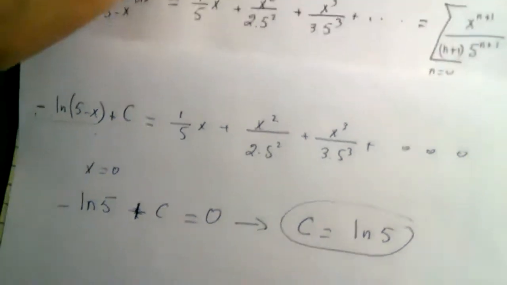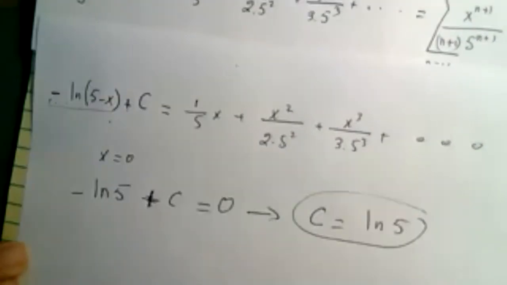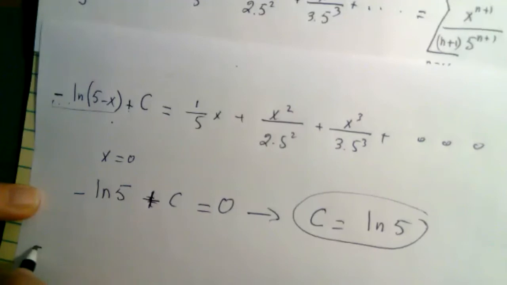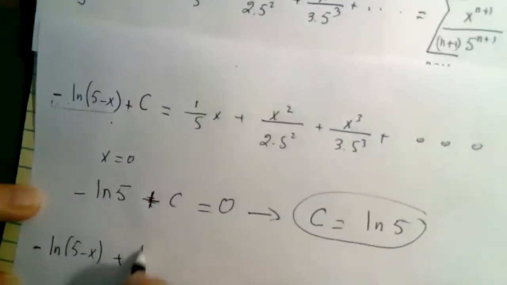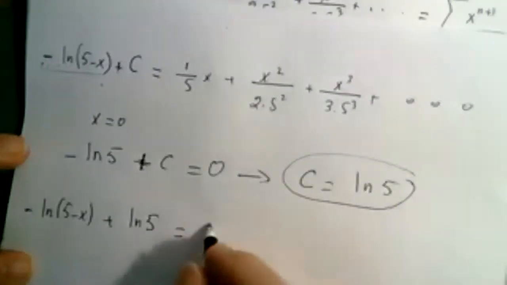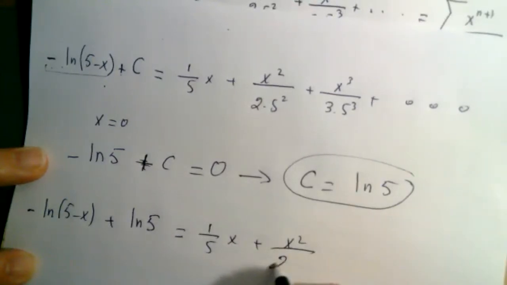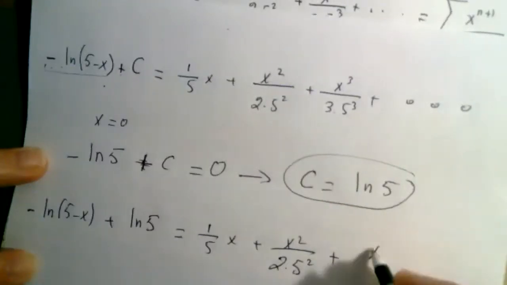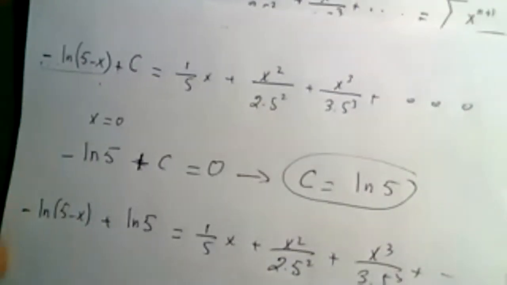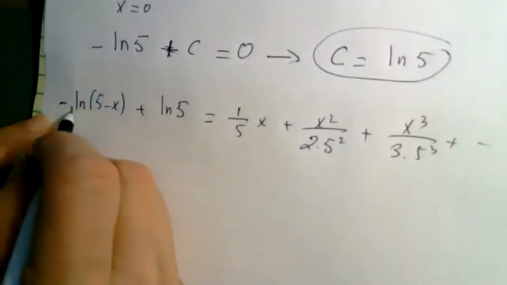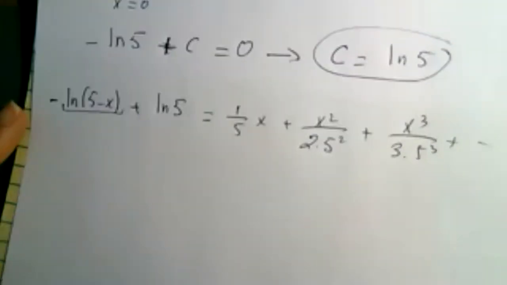And now I will connect the dots. What I have so far: minus ln of 5 minus x plus ln of 5 is equal to this sum right there, et cetera. Now I want this piece, so this is not really hard.